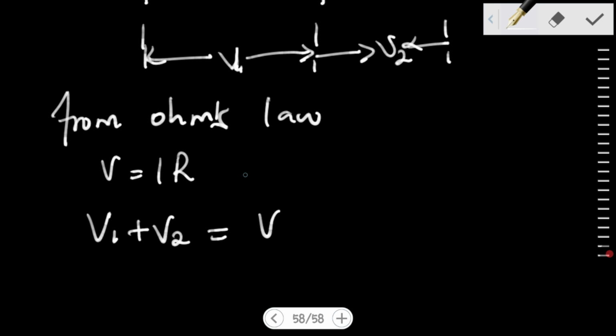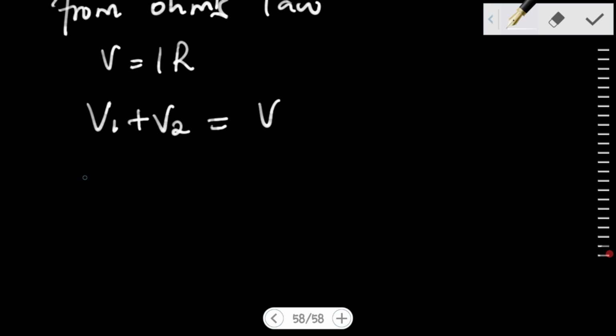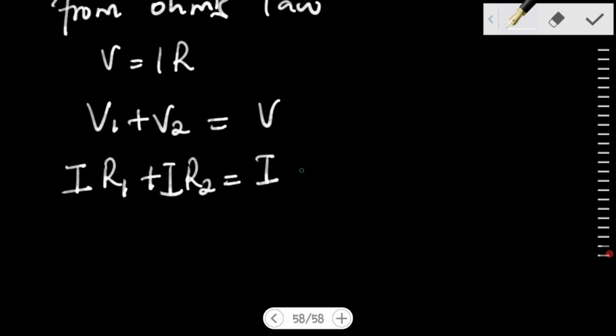From Ohm's law, V is equal to IR. So this will be IR1 plus IR2, which will be equal to the total current times the total resistance across the circuit.